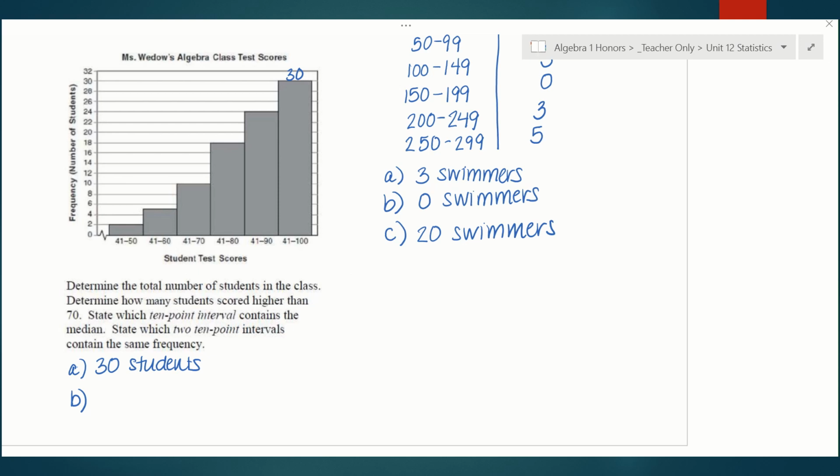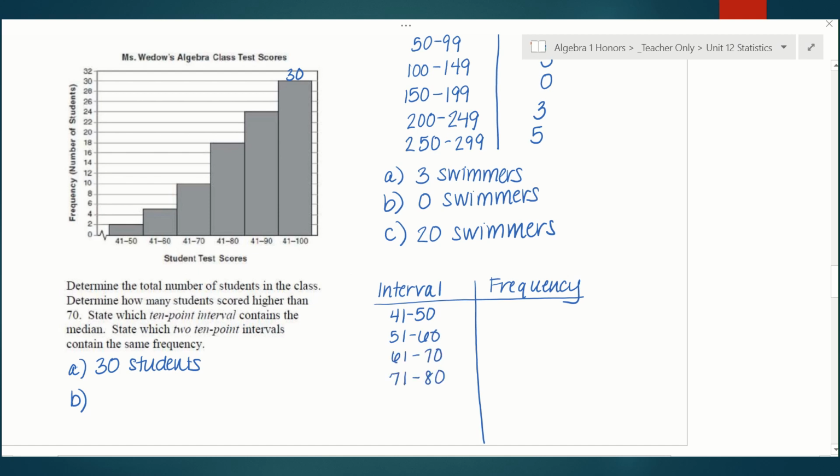So from there on, let's start getting our table going here. Just like we did in the last one, I'm going to create a regular frequency table. So 41 to 50, that interval is not changing, but then I want to go 51 to 60, 61 to 70, 71 to 80, 81 to 90, and 91 to 100.